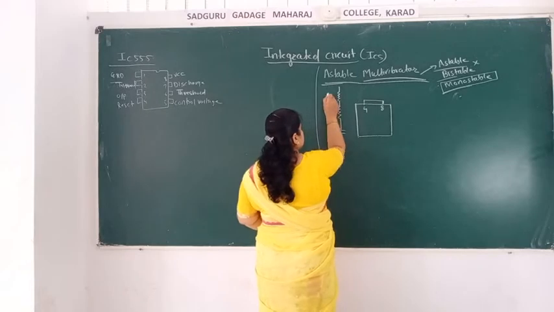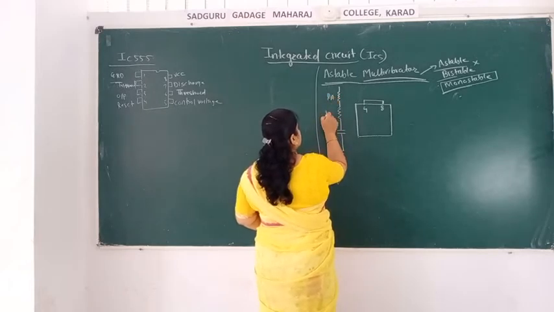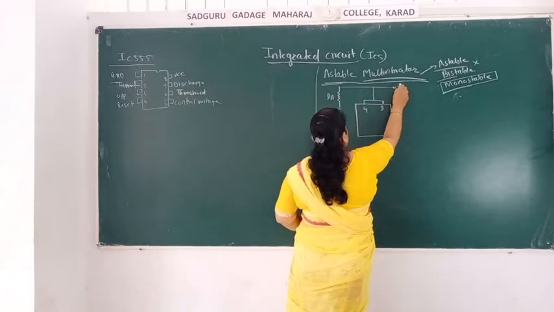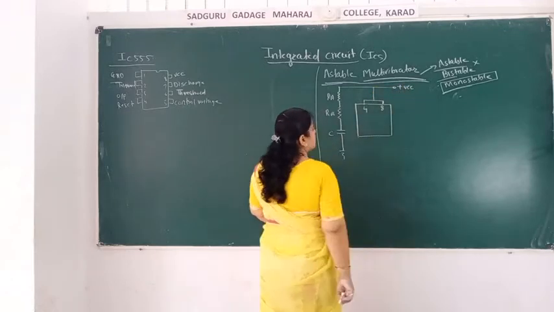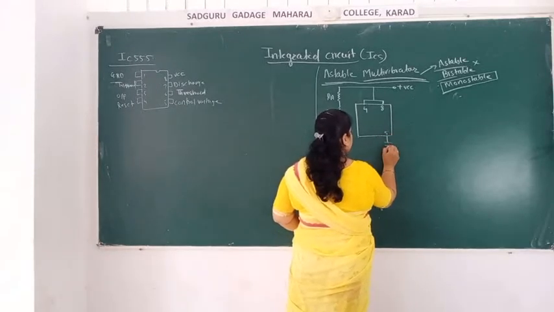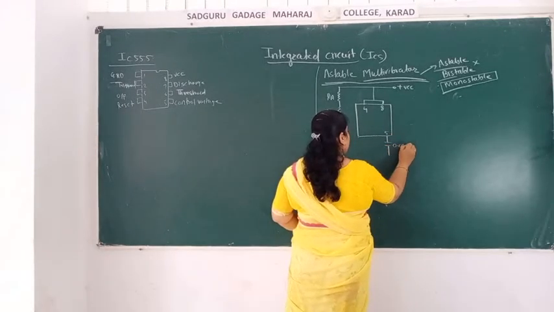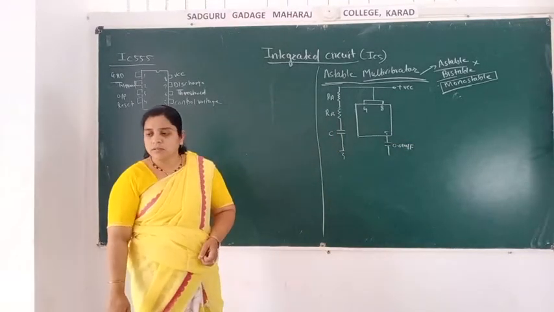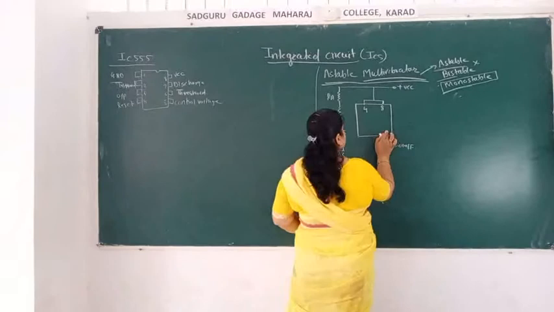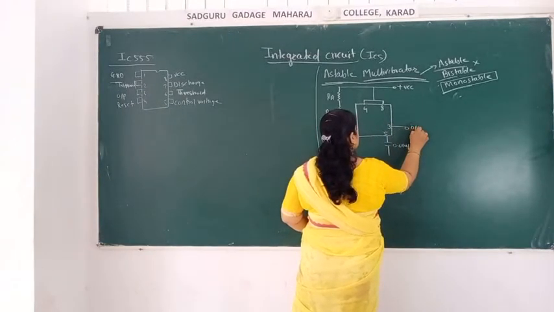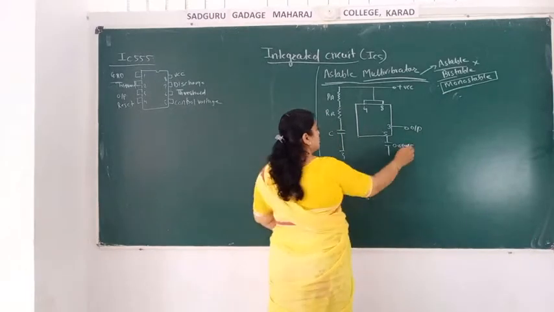This is the capacitor, this is RA and this is RB, which is connected to the plus VCC. One capacitor of 0.01 microfarad is connected at pin number 5, and at pin number 3 we are observing the output.